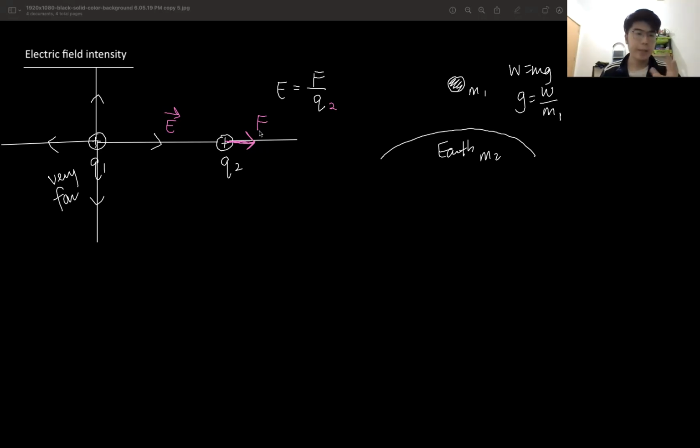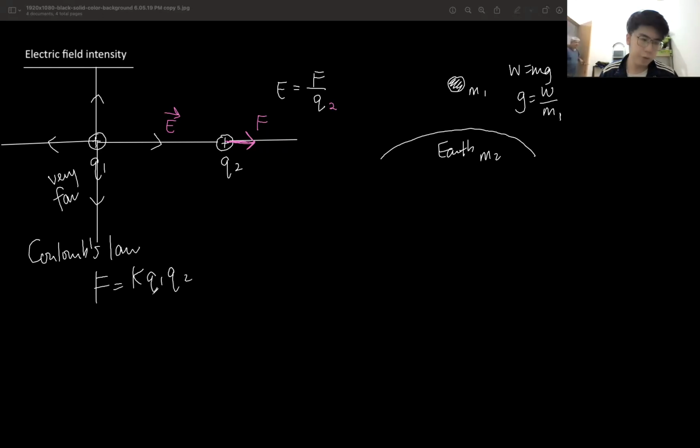Now, here I also know from Coulomb's law, force equals kQ1Q2 over r squared. Now is it the same force? Yes, right. This force is the same force as the Coulomb force, so I can equate them.